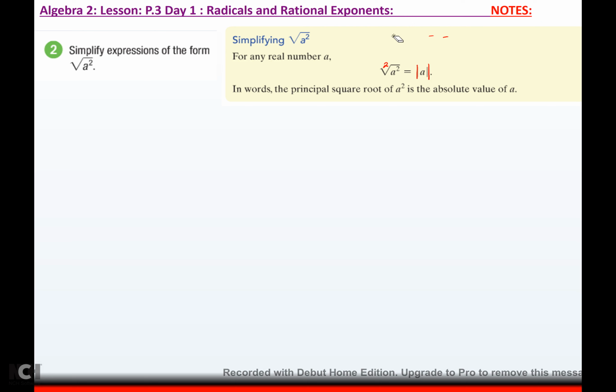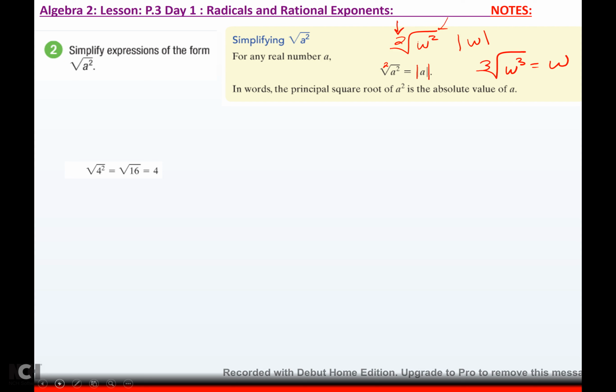But if you have the square root of w squared, those cancel out, but my answer is going to be the absolute value of w. Now, if I do the cube root of w cubed, my answer is still w, but I don't need absolute value bars. Only if the index is even and they cancel out.